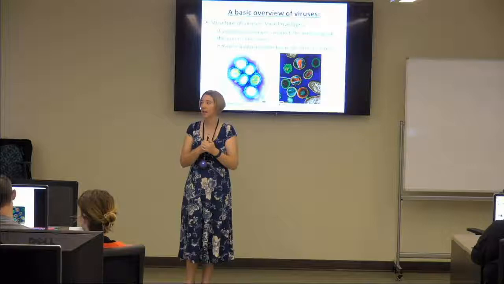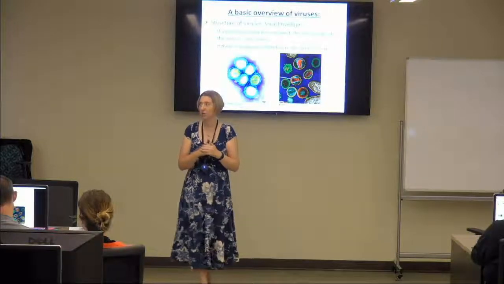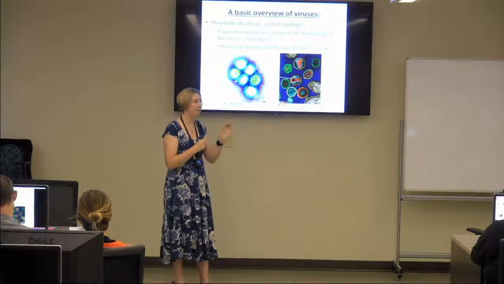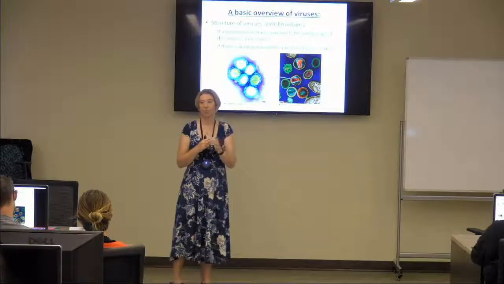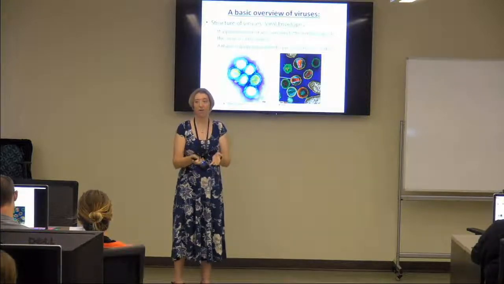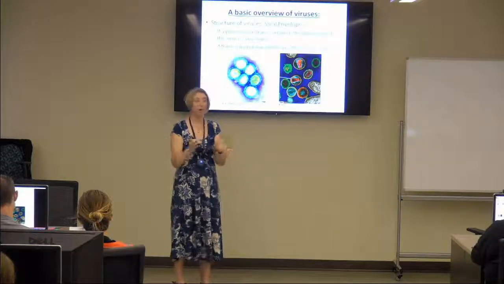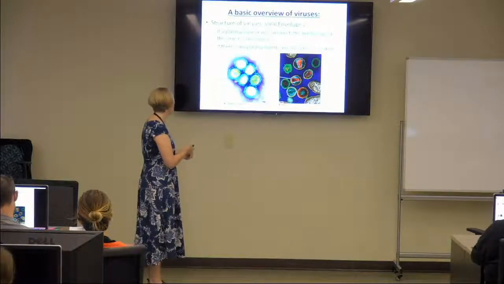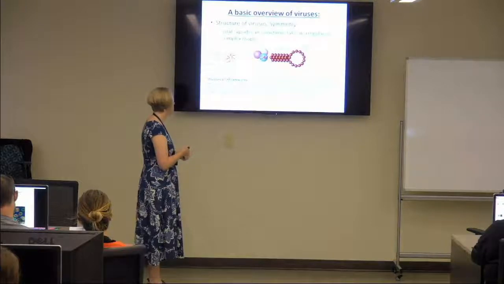But both of these, HIV and influenza, are examples of enveloped viruses, where they have the nucleic acid and the protein on the inside, and then it's surrounded by an envelope. That envelope itself can have protein spikes coming out of it, just like you see in this previous picture.